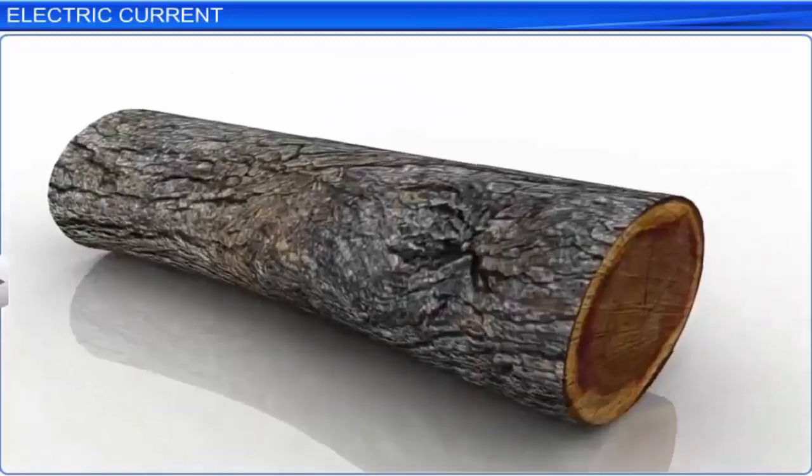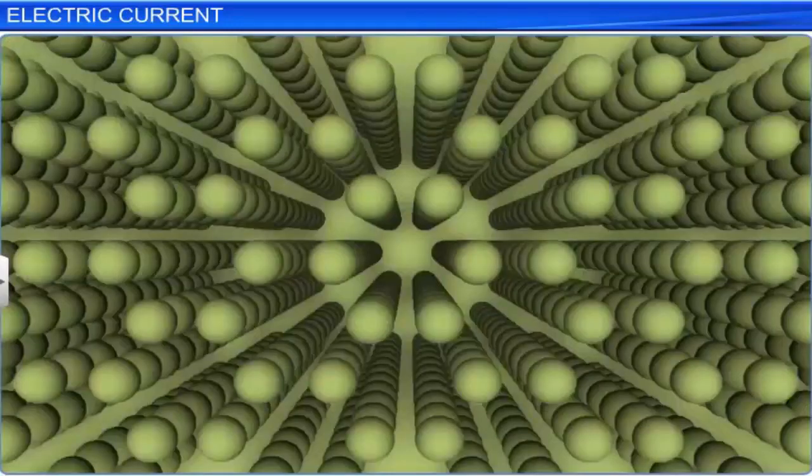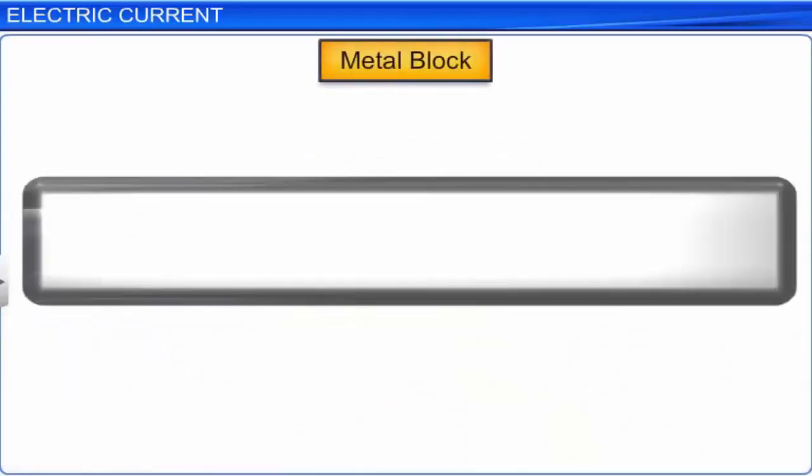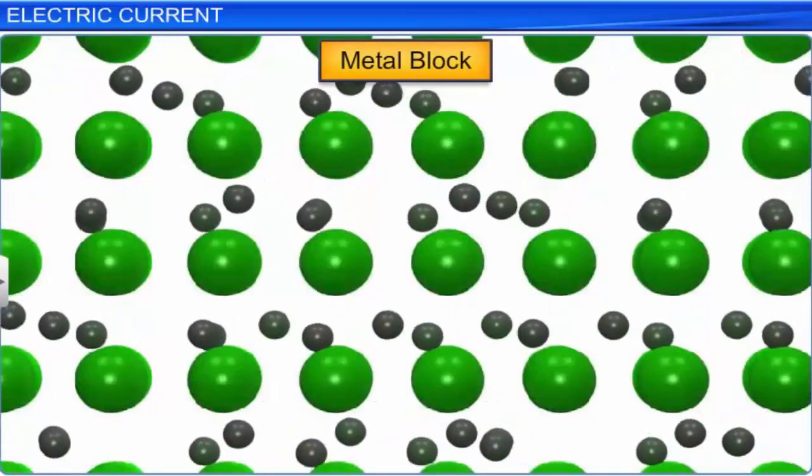There are some materials whose electrons are totally bound to their nuclei and can't be separated even on applying an electric field. These materials are called non-conductors or insulators. In metals, some electrons are practically free to move within the bulk material.